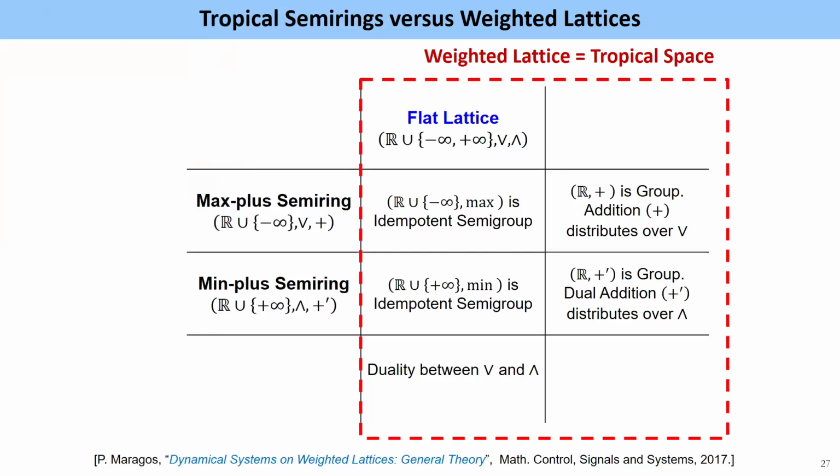If we add the addition, then we obtain something that can be called a weighted lattice. In my presentation, I prefer this second view, the weighted lattice. I think it's more compact. It contains both of them, and it leads us to something useful for the algorithms to come, called adjunctions or residuations.